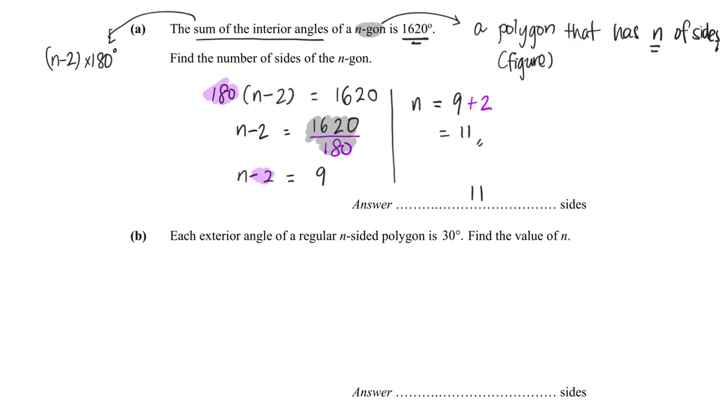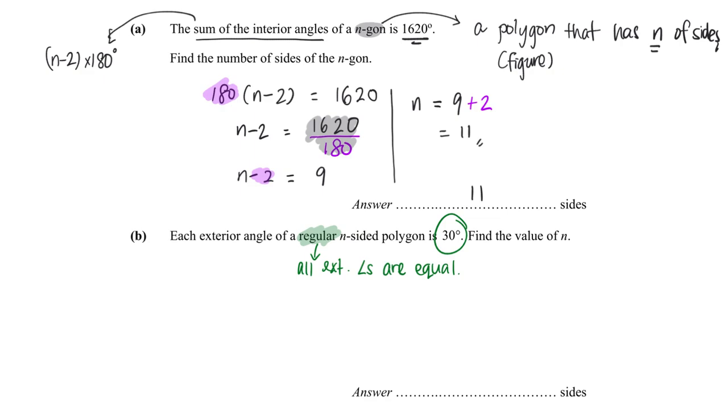Part B. Each exterior angle of a regular n-sided polygon is 30 degrees. This is a very important word because it means that all the exterior angles are equal, and each exterior angle is 30 degrees.